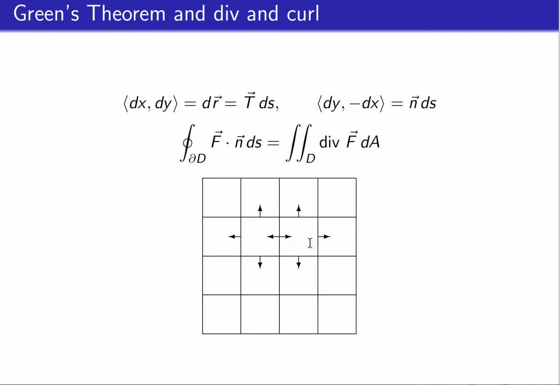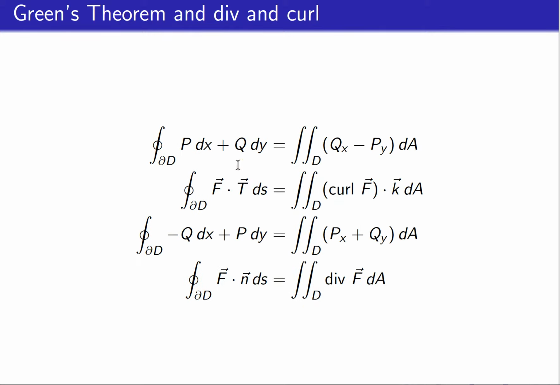And if I do this with all of the different points here, then all the things internally, these are people moving from one state to another, are not going to be counted. All that's counting is how many people are leaving altogether. And so you see that the integral of div of f over everything is just, you look on the boundary, okay, and ask how many people are leaving at each of these places along the boundary.